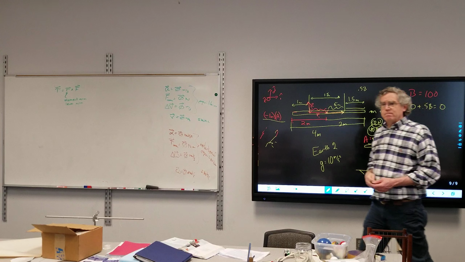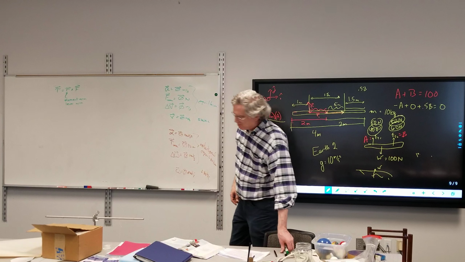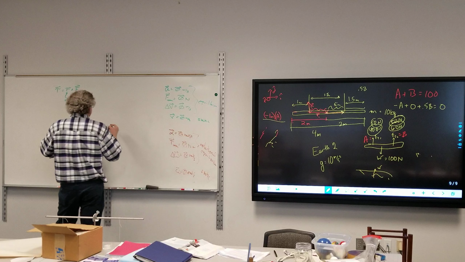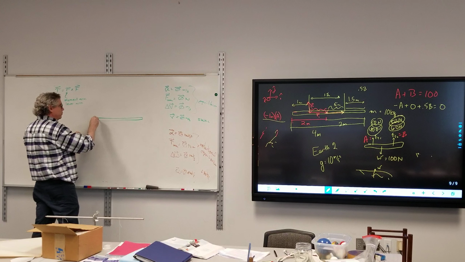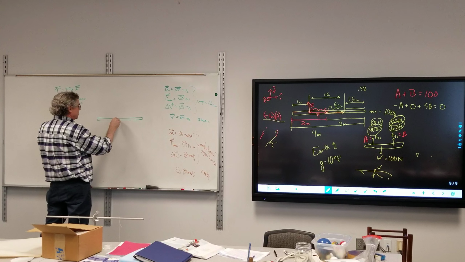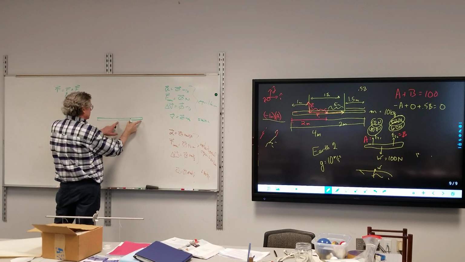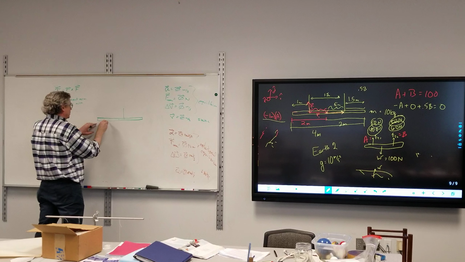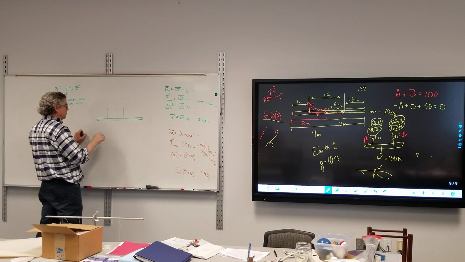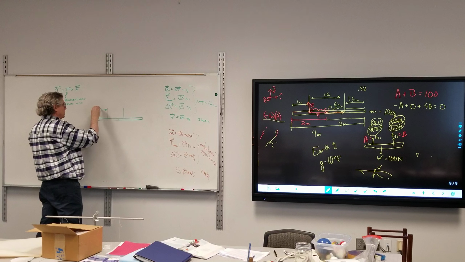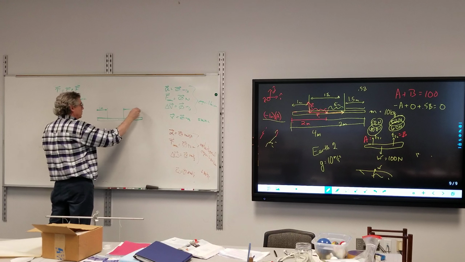Can we redraw the beam the second time around? All right, so if that's 4 meters, the middle is there, so I got a rope there, and then the other rope there. That's closer to scale. That's 1 meter, that's 1.5 meters.